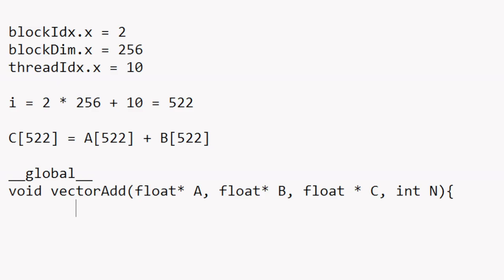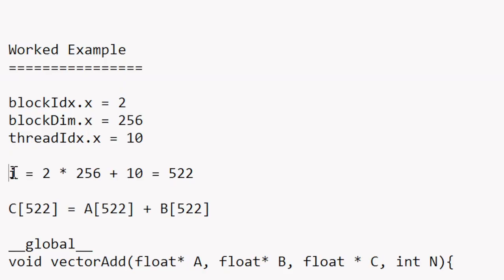So we need to identify this index to compute the summation. So int i equals blockIdx.x times blockDim.x plus threadIdx.x, and if i is less than n, then we do the summation C[i] equals A[i] plus B[i].